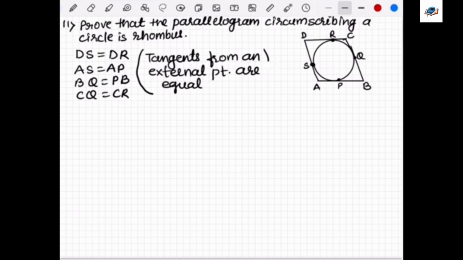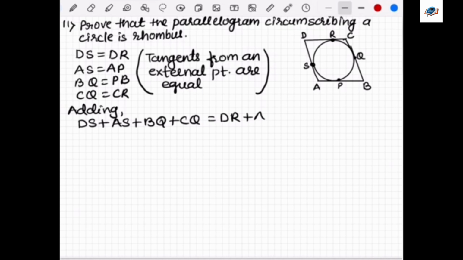Opposite sides of a parallelogram are equal. So therefore, I can say 2BC equals 2AB. So 2 cancels. So therefore, AB equals BC. Now I have proved that AB and BC are both equal. Therefore, ABCD is a rhombus.